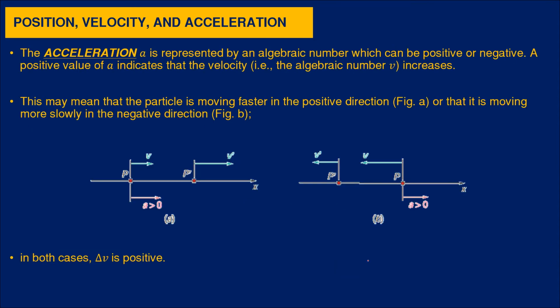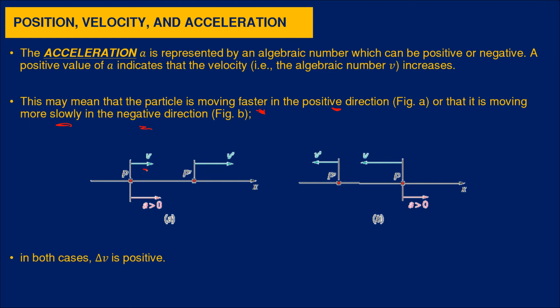So the acceleration a is represented by an algebraic number which can be positive or negative. A positive value of acceleration indicates that the velocity increases. This may mean that the particle is moving faster in the positive direction, or that it is moving slowly in the negative direction. The arrow indicates the magnitude of the velocity.